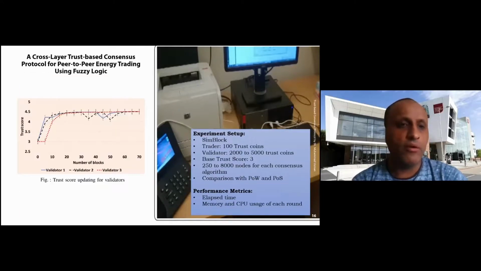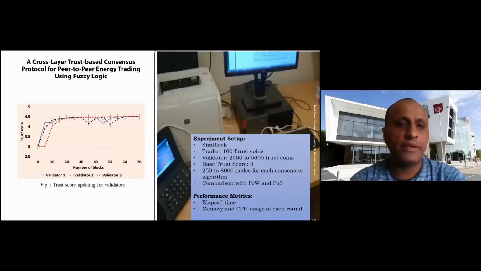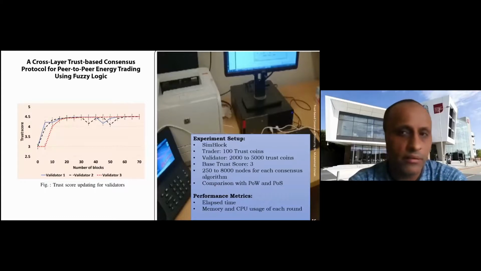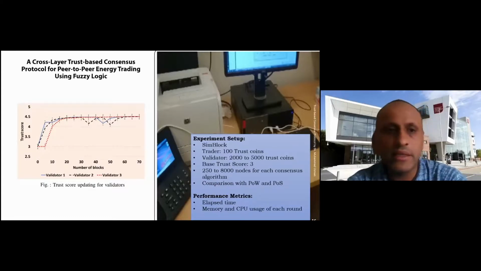We also studied the evolution of trust score for different validators. The result of this experiment with three validators is plotted in this graph, where the trust score for each validator is updated after every 5 blocks.